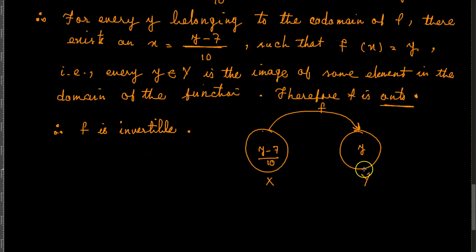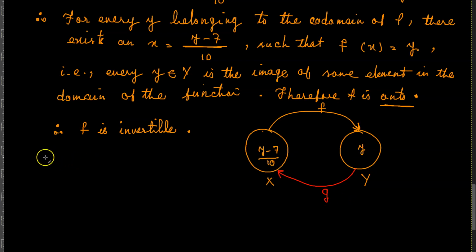So from here, what I can do right now is define a function, for example, instead of f, let's say g, and of course if I give this y to g, it gives me (y minus 7) divided by 10.